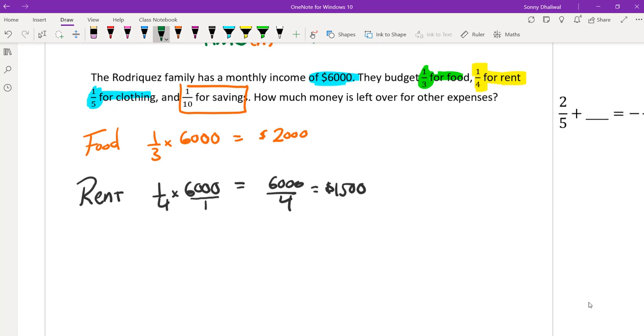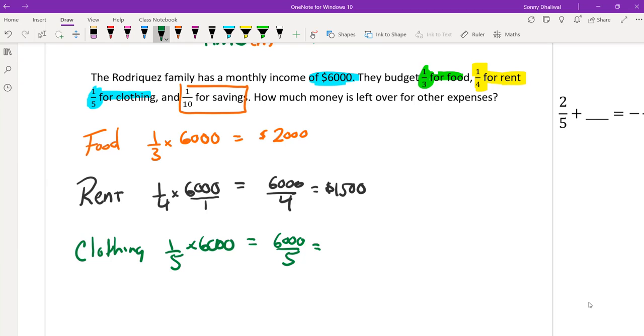Finally, okay, clothing. A fifth of the $6,000 for clothing. All right, so multiply the tops together, multiply the bottoms together, you end up with 6,000 over 5. But since we're talking about money, we won't leave that as a fraction.